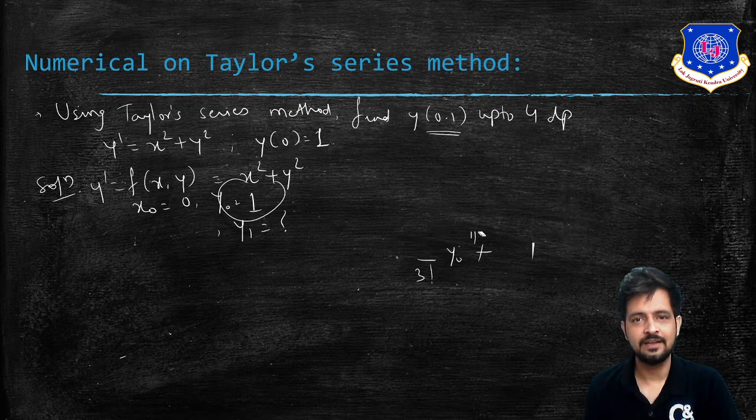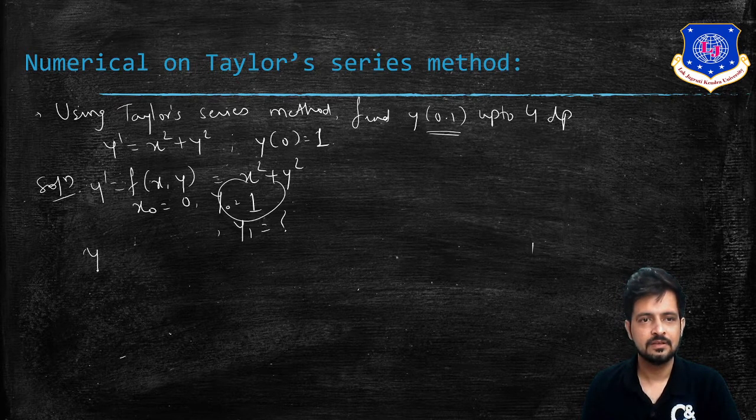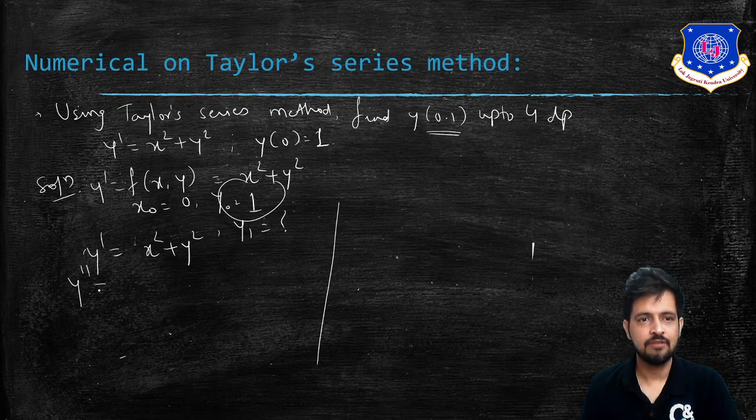Let me find the general derivatives. y dash is given, x square plus y square. So what will be my y double dash? The derivative of x square is 2x plus the derivative of y square, 2y into y dash. Why y dash?